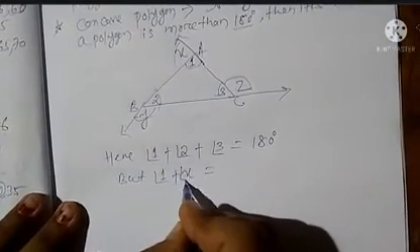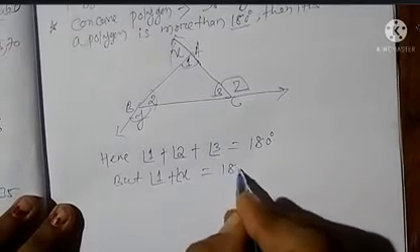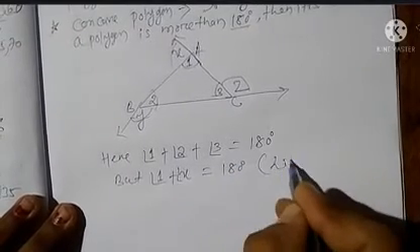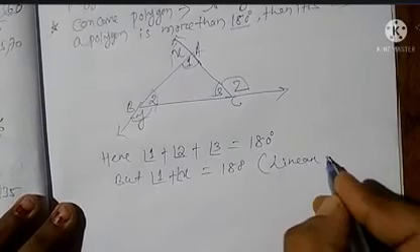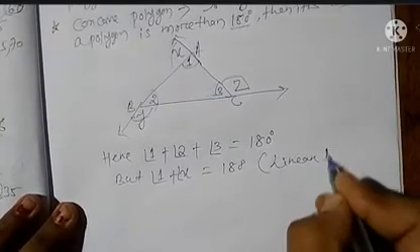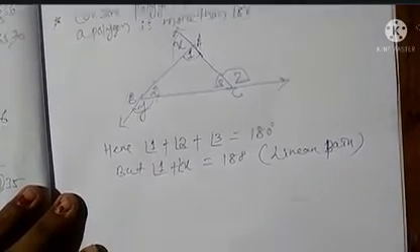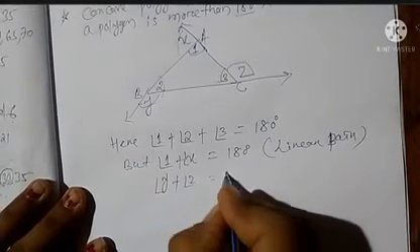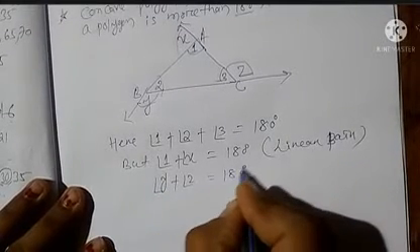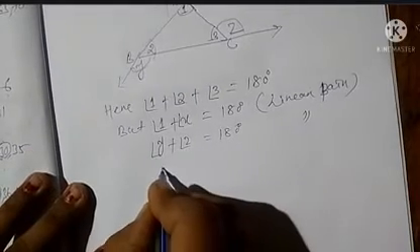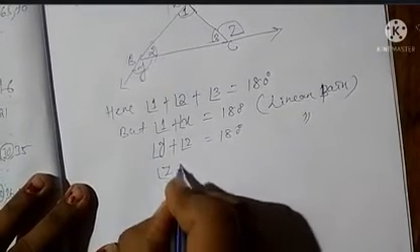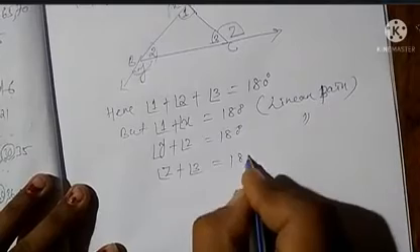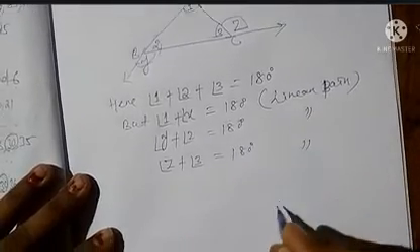It is 180 degrees, because both form a linear pair. Similarly, angle y plus angle 2 is also 180 degrees, a linear pair. And angle z plus angle 3 is 180 degrees, also a linear pair.